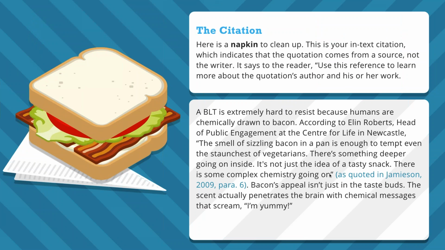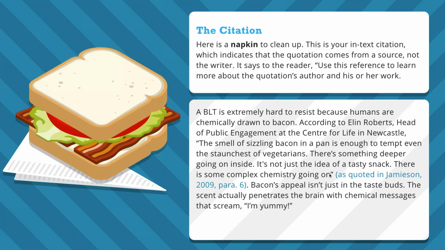This is a slightly unusual method of in-text citation. In this case, Ellen Roberts was being quoted by another author who we are now quoting. This is what we refer to as a secondary source. That's probably not the best source.